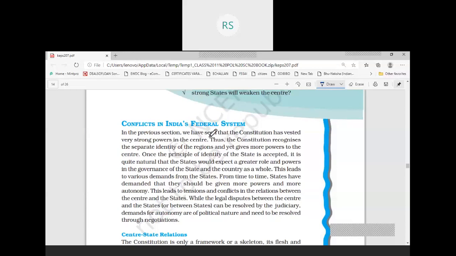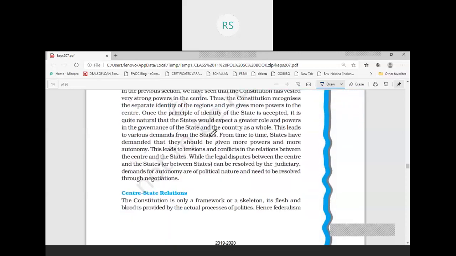So whenever there is a legal dispute between the center and the state, or between the states, then it can be resolved through the judiciary. But political disputes also arise between the center and the state, and between states also. And these political disputes need to be resolved through negotiations. And now we will discuss some of the conflicts of India's federal system.